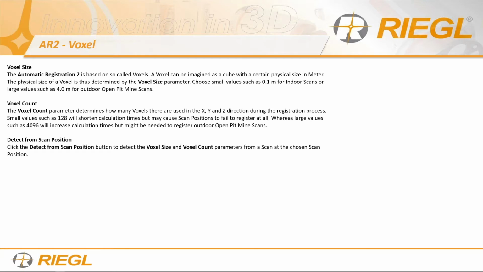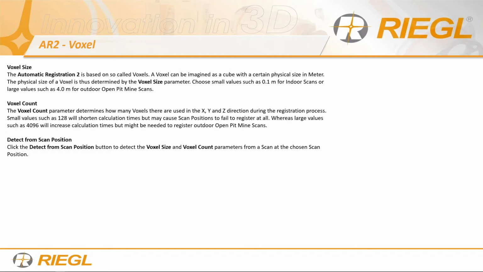And detect from scan position. This is cool. I recently did a project that was completely open, I think a mine quarry, and there were no vertical surfaces. Everything was completely flat, an open pit.